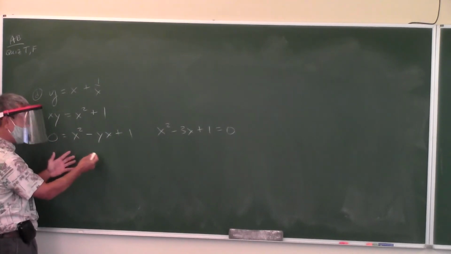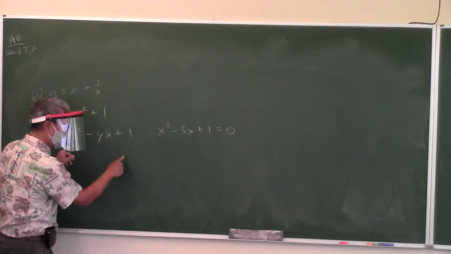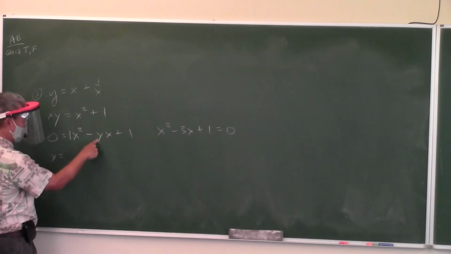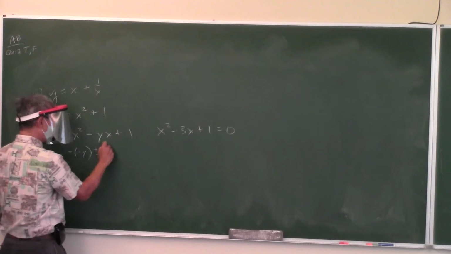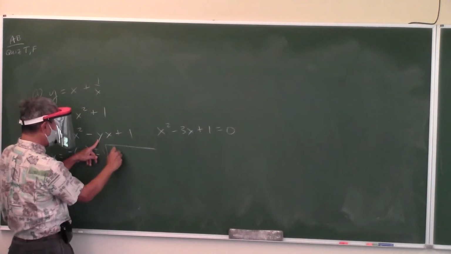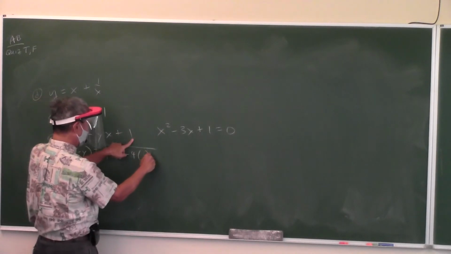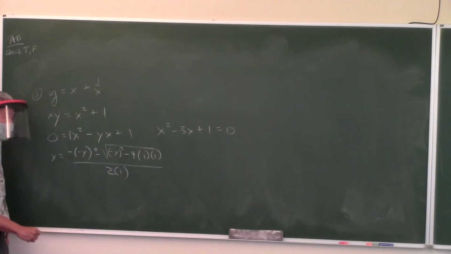Once you have it in quadratic form, here's A, B, C. Throw it into the quadratic formula. x equals negative B plus or minus the square root of B squared minus 4AC, all over 2A. I didn't skip any steps.